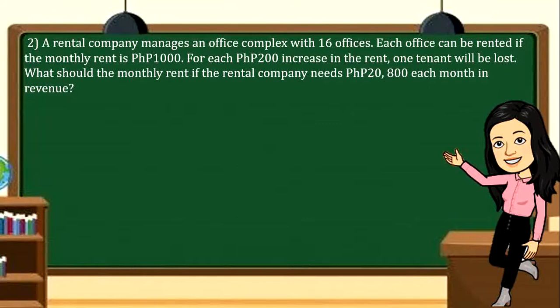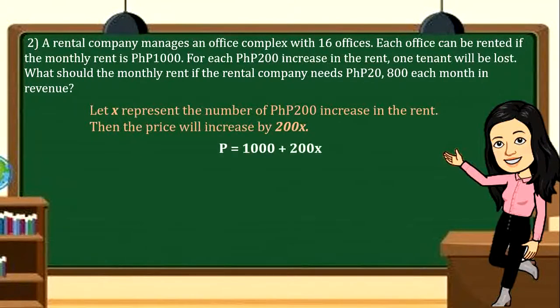So, what should the monthly rent if the rental company needs 20,800 pesos each month in the revenue? So, ano daw yun dapat na maging monthly rent ng company na dapat ma-reach niya yung 20,800 pesos na kita?